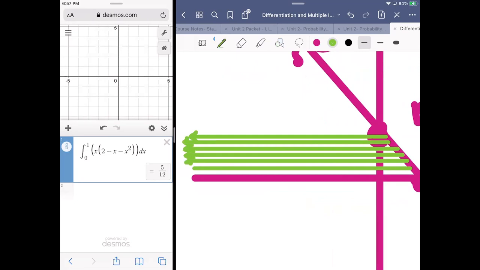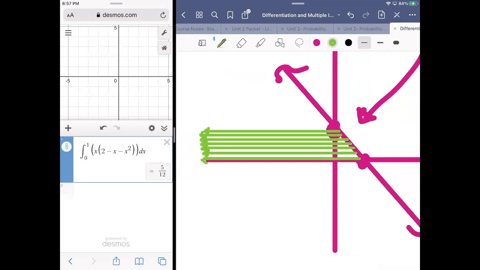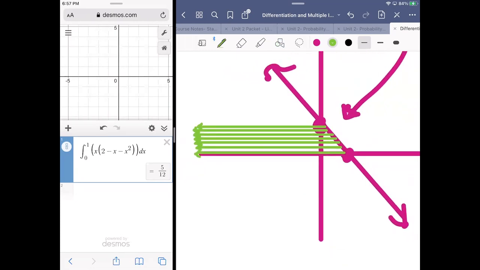So we're saying that we're going from the line y equals 0 to y equals 1 minus x. That would give me all of this, with no restriction on the left end. On the right end, it's capped at whatever the line y equals 1 minus x caps it at.